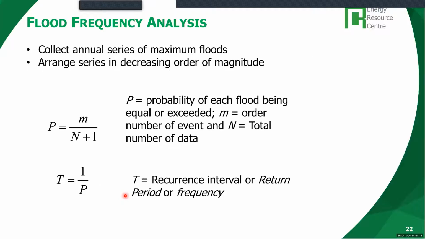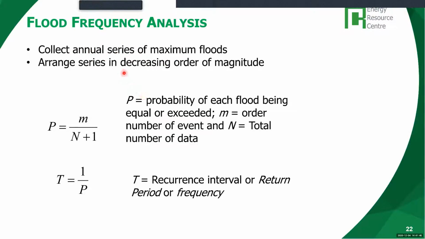In the flood frequency method, we use a similar approach to the flow duration curve. We collect the annual series of maximum floods. Every year, what is the maximum flood? Let's say 500 cubic meter per second in 1961, 490 in 1962, and so on.